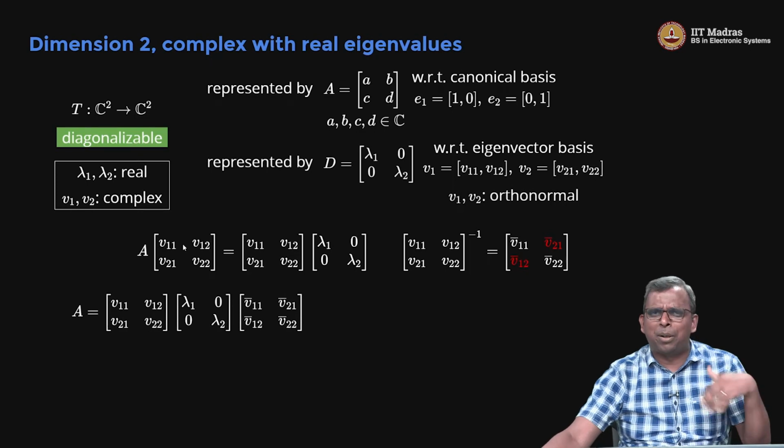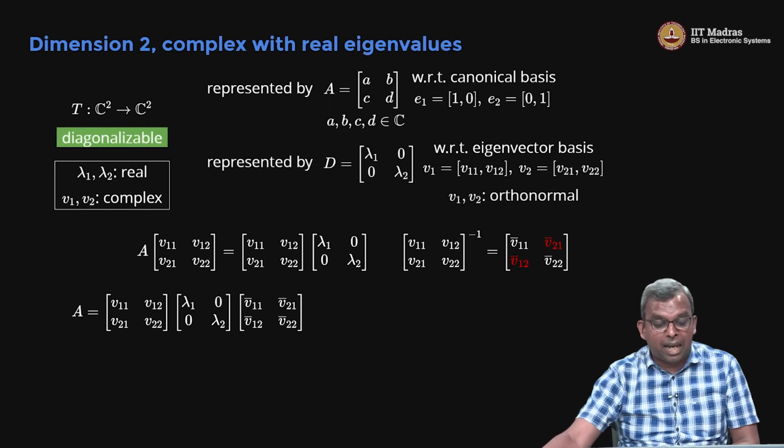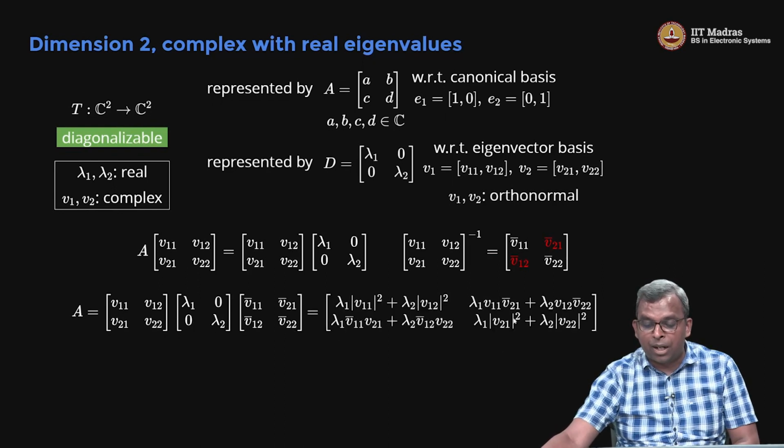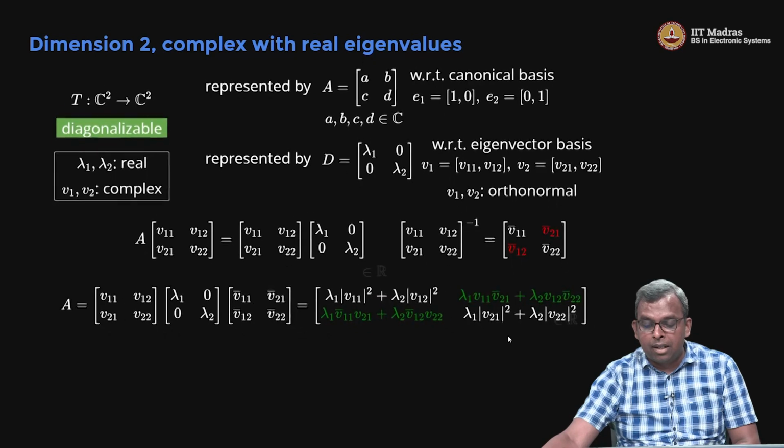Once you do that, we can repeat what we did before. A becomes just this matrix S, whose columns are eigenvectors, times D times the conjugate transpose of the original matrix. When you multiply this out and simplify, you get this kind of expression. It looks a little ugly, but it has a structure to it, and it is much simpler than the general case. What is the structure?